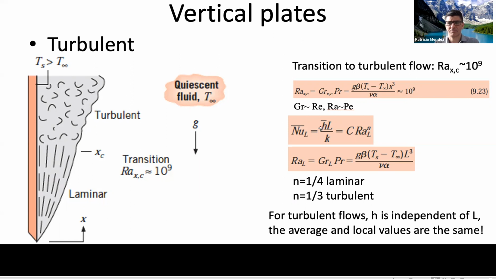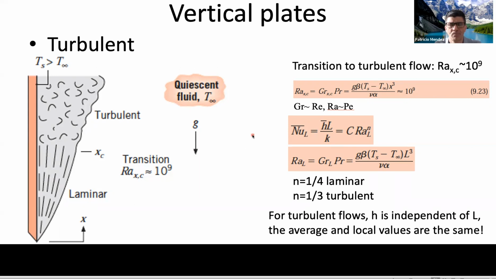Sorry, the local and average convection h values are going to be the same, not the Nusselt. So the Nusselt is proportional to L, but the convection coefficient is constant, and the average will then be constant. This is an interesting finding.